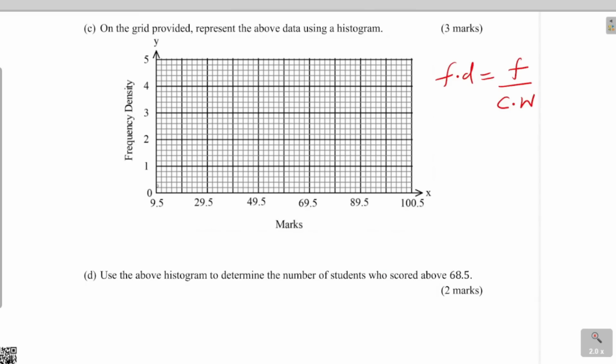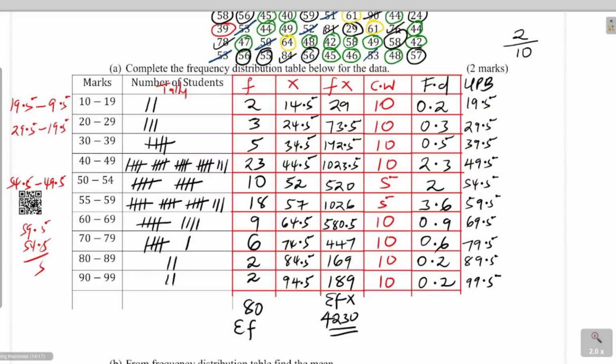So you should understand the size of one small square. The size of one small square will be 1 divided by 5, that is 0.2. So this is how we're supposed to plot it. It's supposed to be somewhere there. So 19.5 is there, and that is the first class. The second class goes up to 29.5.